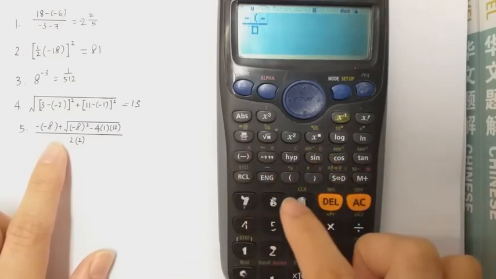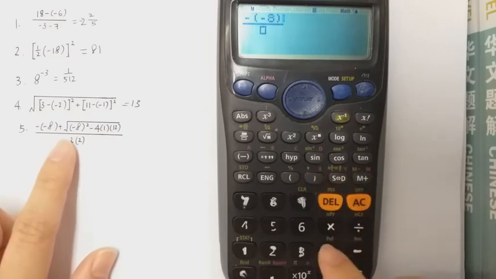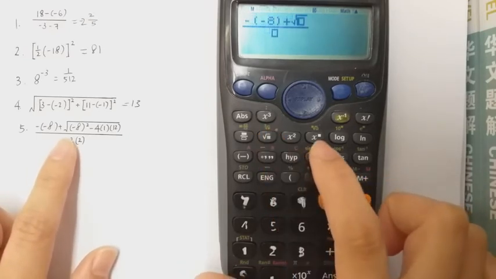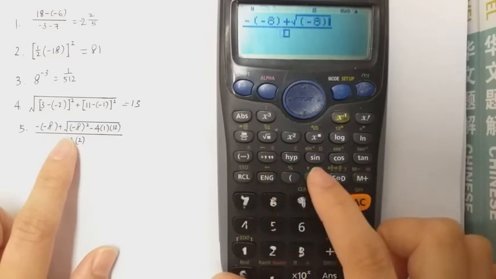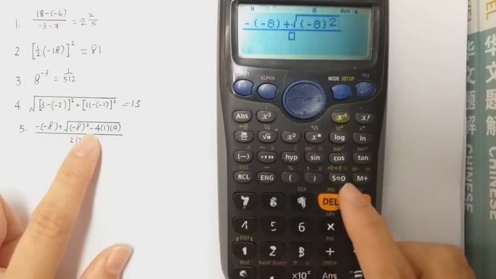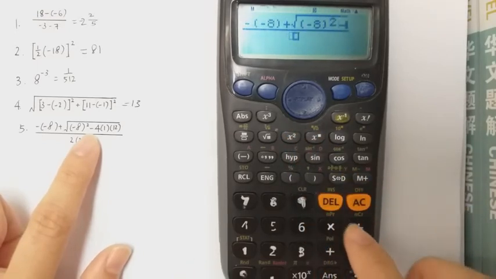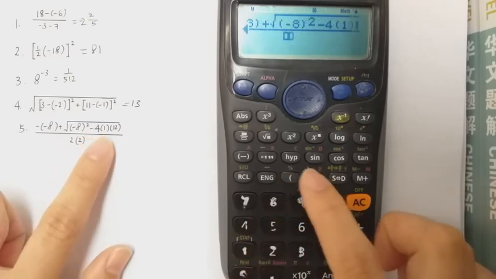Negative 8, close bracket, plus the square root sign. Inside the square root, we will have a negative 8 again, close bracket, power 2, we can press this, power 2, minus 4 times 1 times 12.